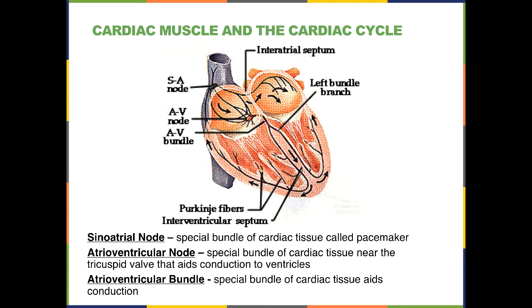So these bundles that you see in black here allow for more rapid conduction that allows this to conduct in a more efficient and sequential fashion than it would if they didn't exist. The bundles, by the way, are made up of fibers known as Purkinje fibers. The Purkinje fibers are basically the specialized tissue that do the conducting or allow for the conduction of the impulse.